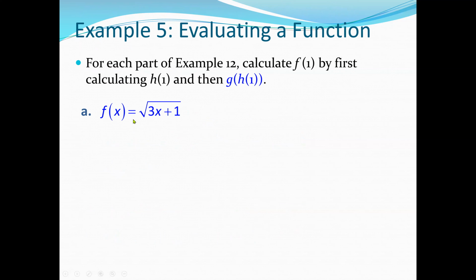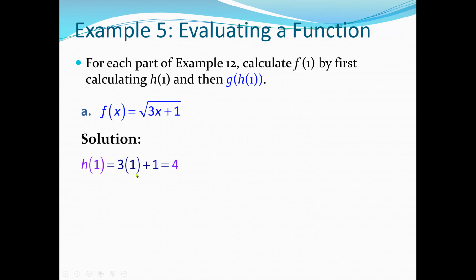Now we have f(x) equal to the square root of 3x + 1. This time we are going to calculate f(1) by first calculating h(1), then g(h(1)), which is equal to f(x). So we have f(x) equal to the square root of 3x + 1. Anywhere we see x, we substitute with 1.